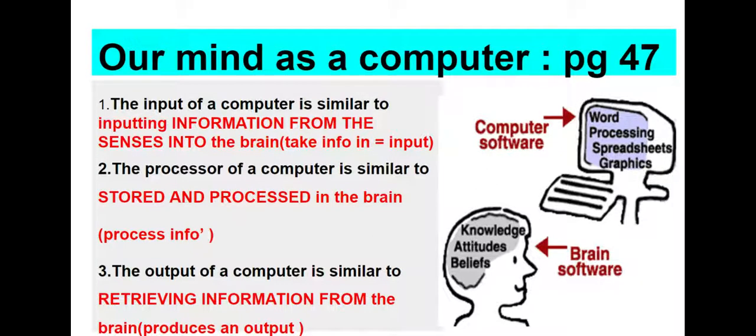You then store information and you process information in the brain. And then the output is actually where you behave, and you can retrieve information from the brain because that would then tell you how to behave. So it's input, store, process, output.